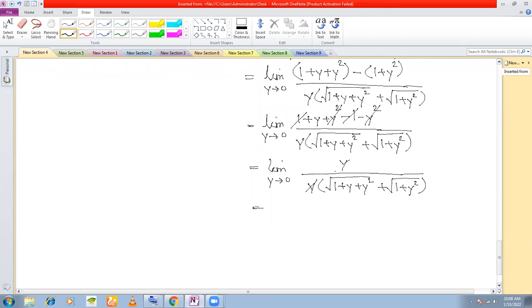So this cancels. Okay. Now, if I put y is equal to 0, will I get a determinate form? Just check. Will I get a determinate form? Yes, sir. Yes. Then I can put y is equal to 0. Let me just finish this step. In the next step, I'm going to put y is equal to 0 now.